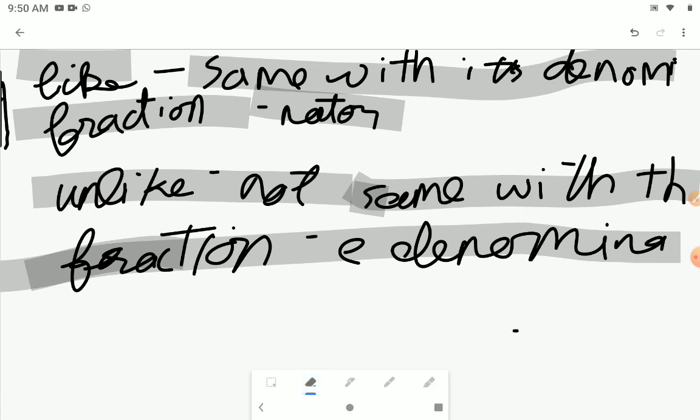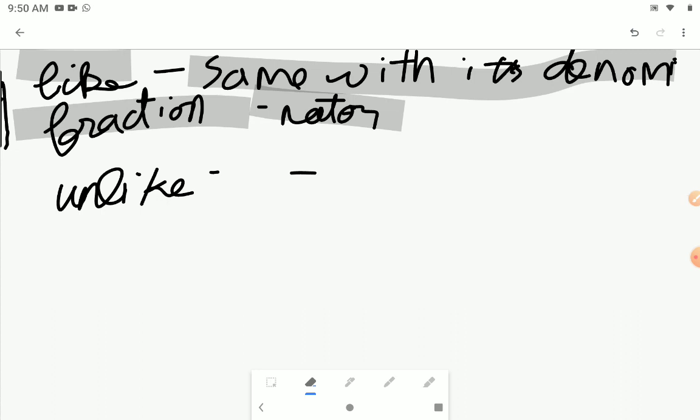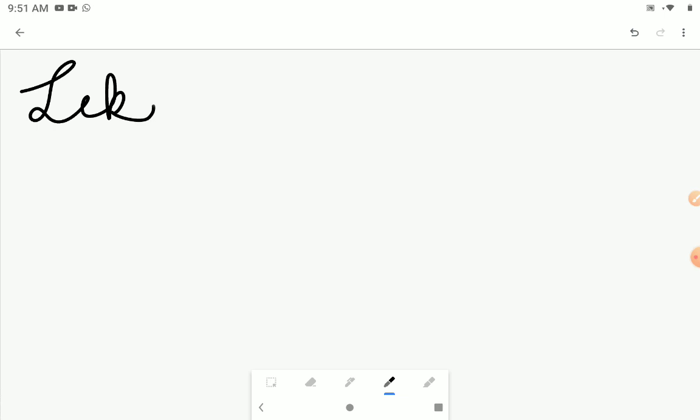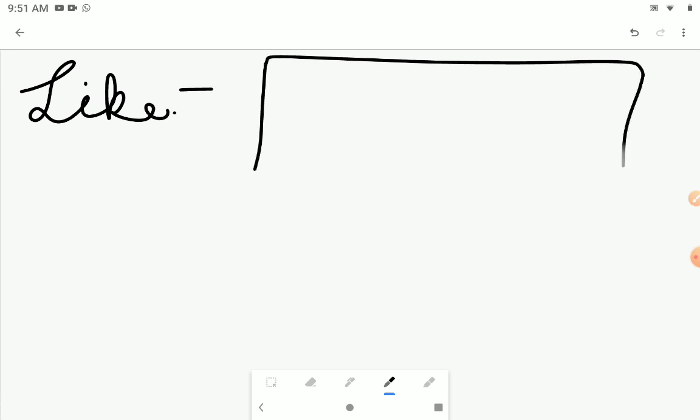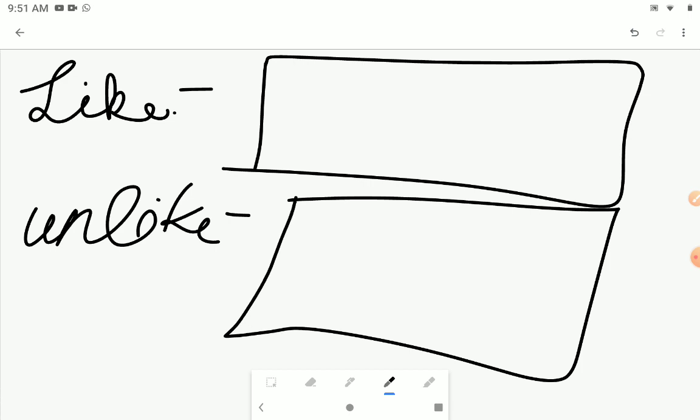Okay, let's compare those a little bit. After that, we will take proper and improper fractions. See, like is the same, and this is unlike, not the same.